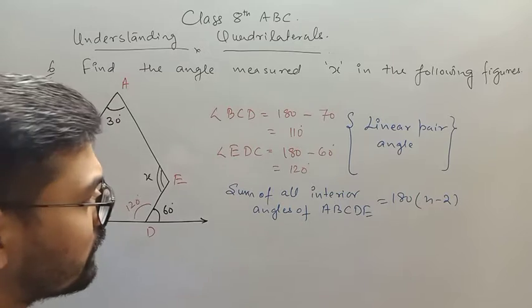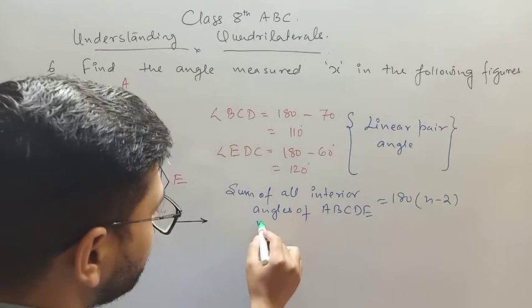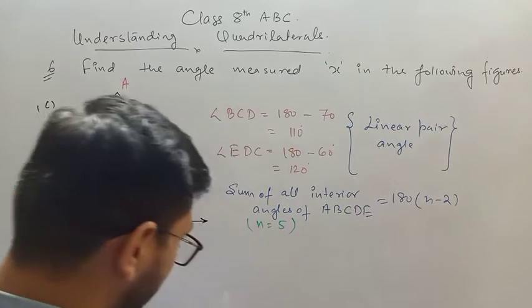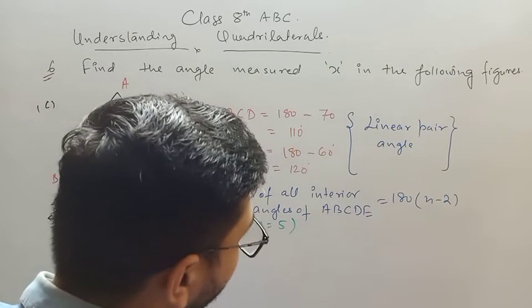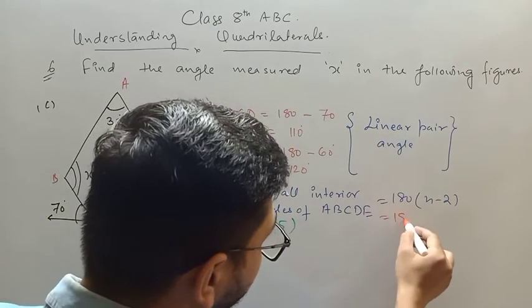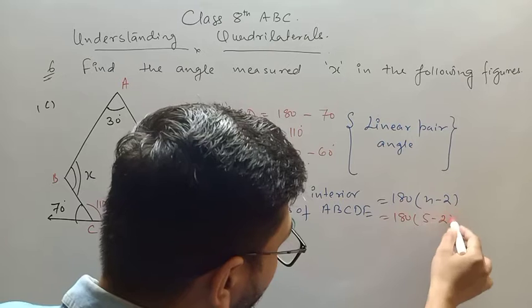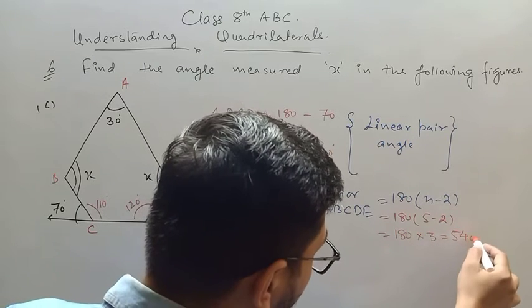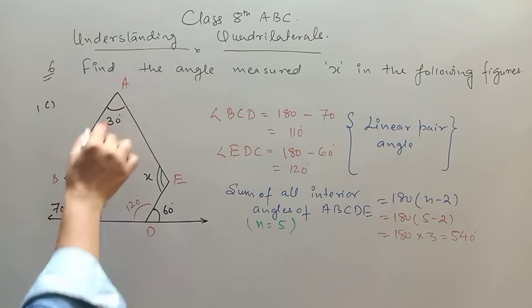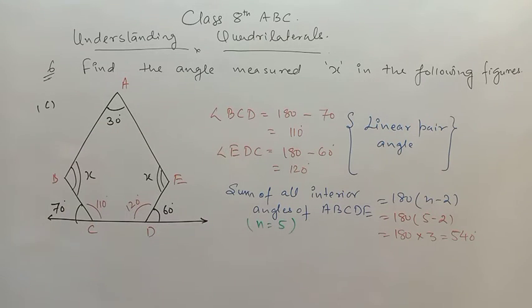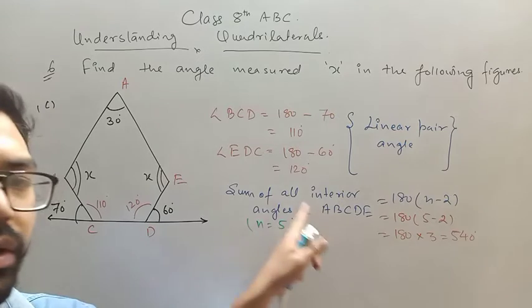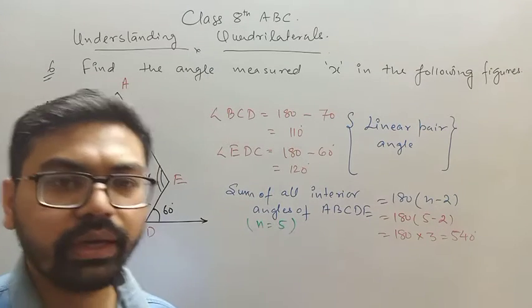Here the value of n is equal to 5. So we write 180 times 5 minus 2, so 180 into 3, which is equal to 540 degrees. So the sum of all these angles is 540 degrees, using the formula that the sum of all interior angles of any polygon is 180 times n minus 2.